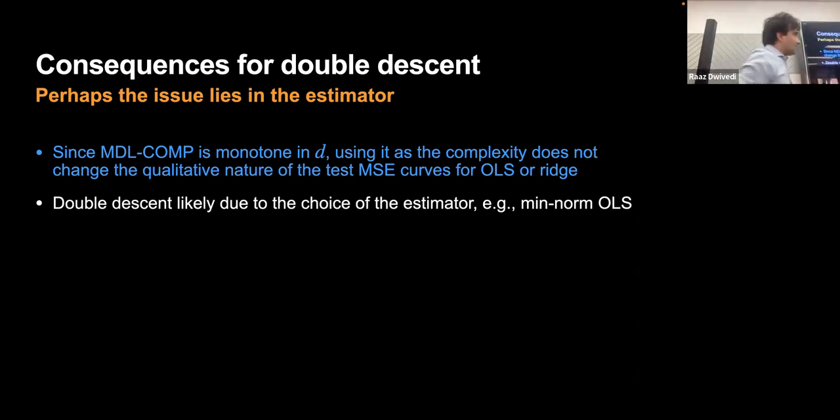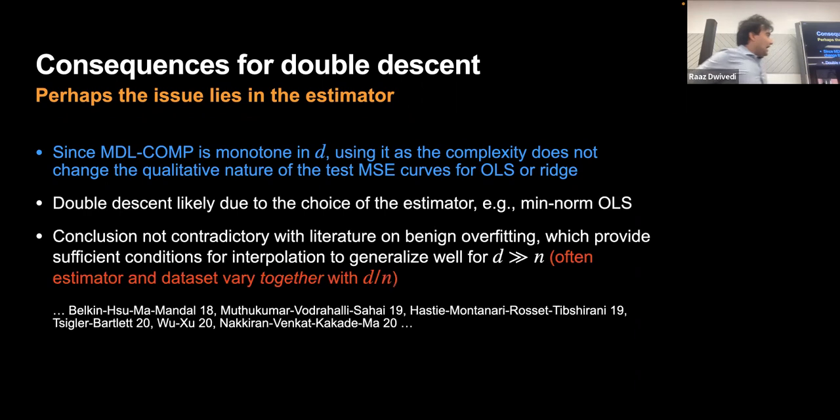So in some sense, slightly disappointing, but in hindsight, it makes sense. And as I said, this conclusion is not contradictory, because other papers have tried to characterize when these estimators will work well.